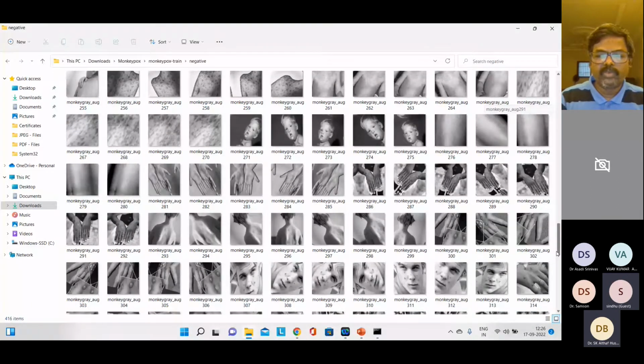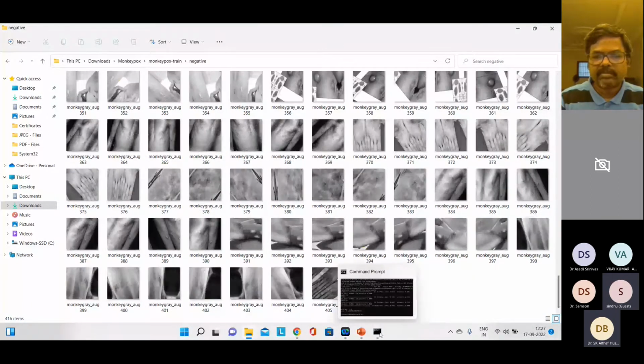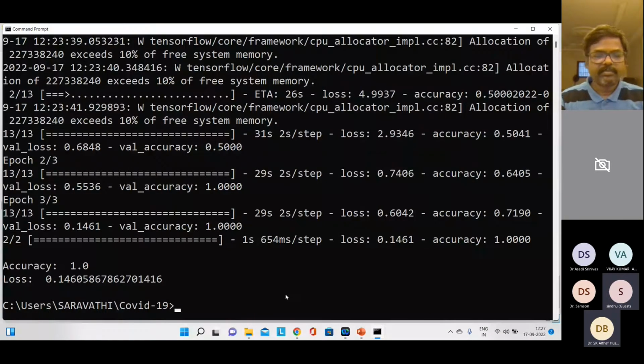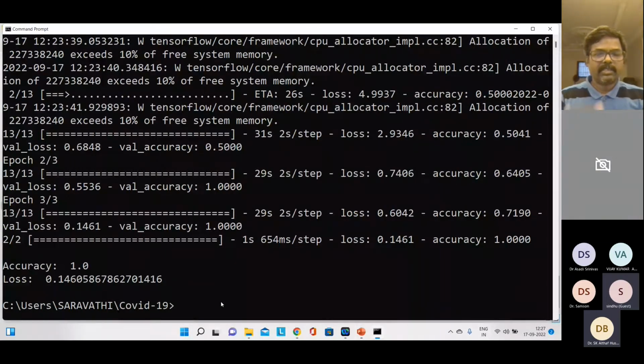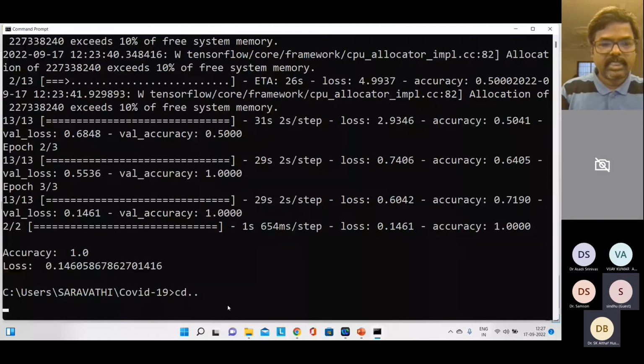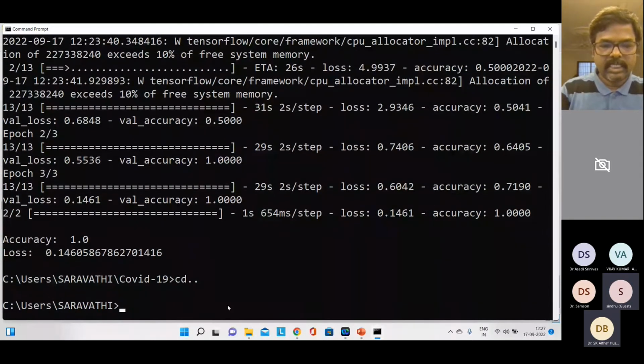So now, I am going to demonstrate various applications. CD monkeypox.